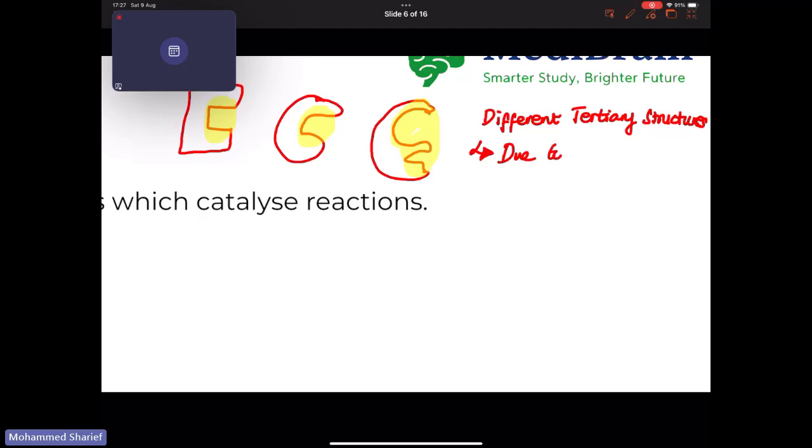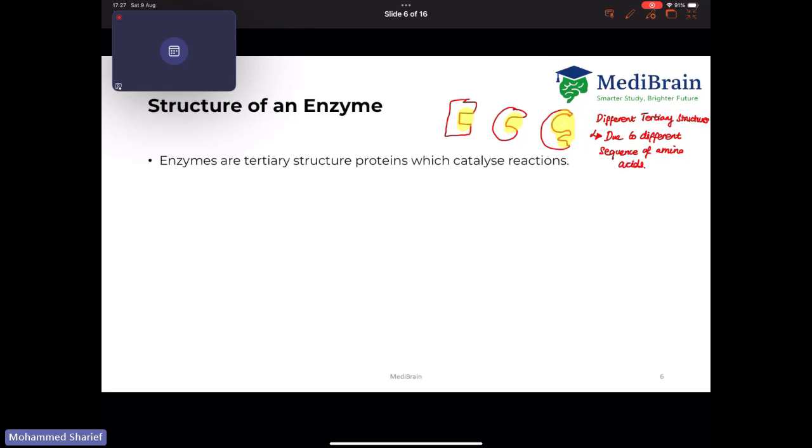So enzymes are an example of a protein. They have a tertiary structure and a unique 3D shape, which is able to catalyze reactions of specific substrates.